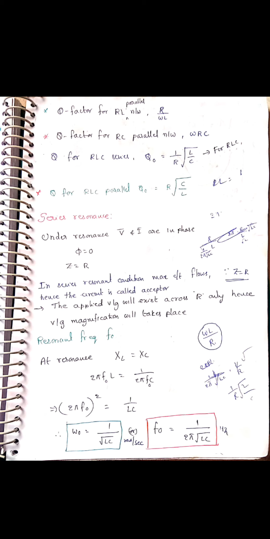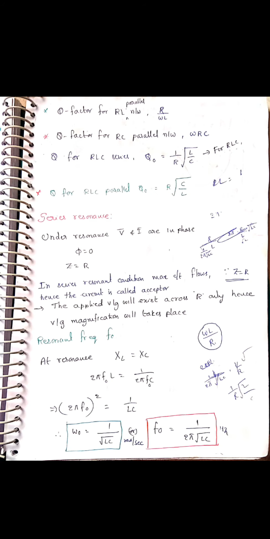So we write 2 pi into energy stored because of inductor, half L I maximum square, divided by energy dissipation because of resistor, which is V square by R into T. You have to consider V RMS square by R into T. Then I maximum is equal to V maximum by XL.